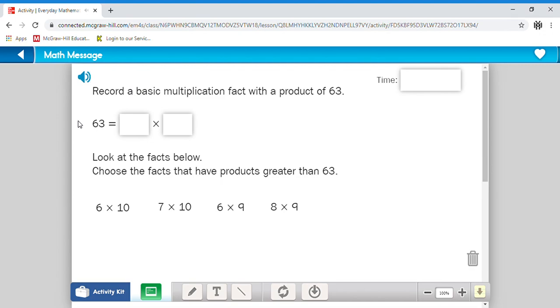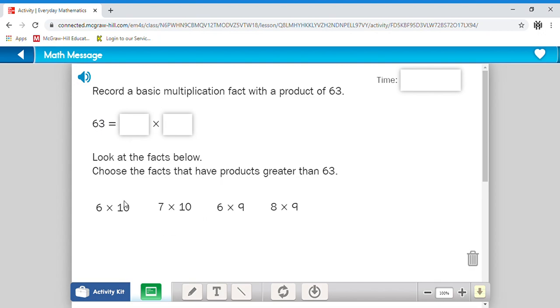So this math message is similar to our mental math because we're looking for factor pairs that give us 63 as our product. So take a few minutes. You can pause the video now, use some of your fact strategies that you've practiced to come up with different ways that you would multiply to get the number 63.